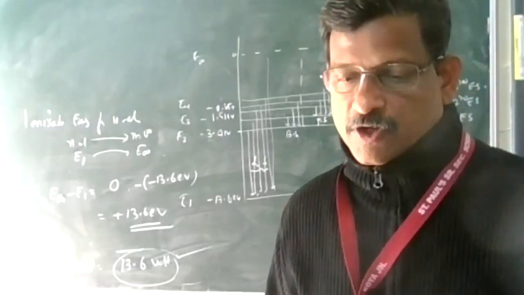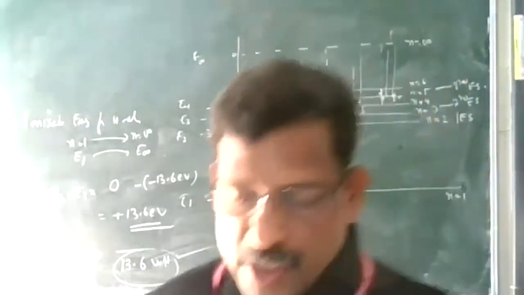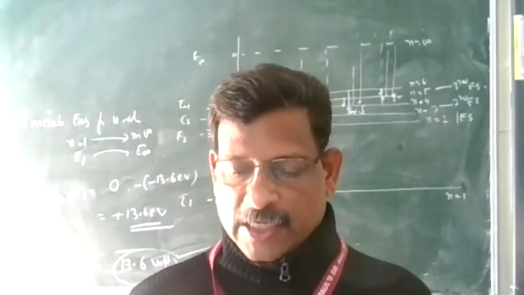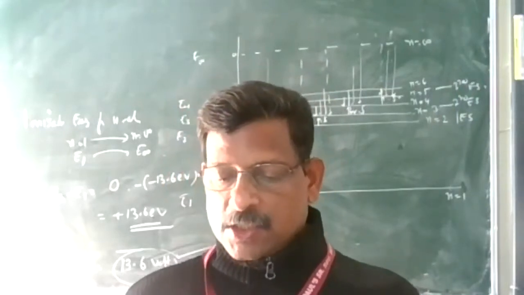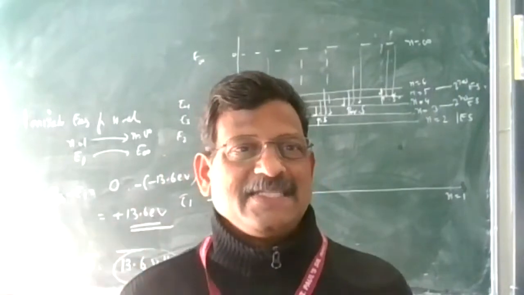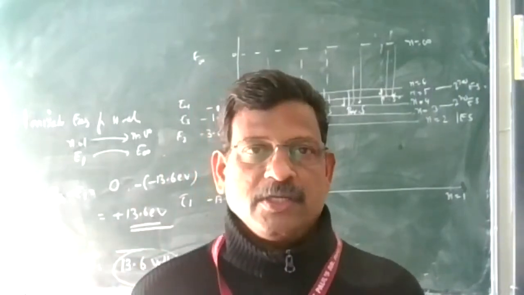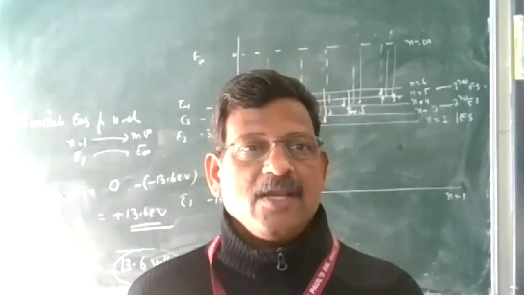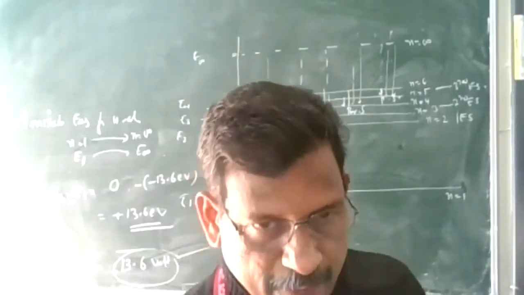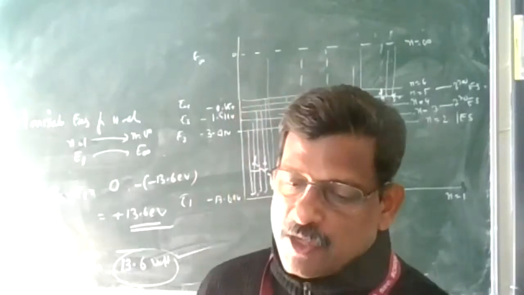You will recall the equation r equals n square by Z into 0.529 angstrom. You have to find the ratio of the radius of orbits corresponding to the first excited state to the ground state. Ground state is n equal to 1. First excited state is n equal to 2. So as a board question, you can calculate the value.